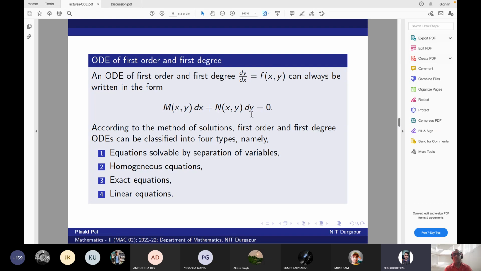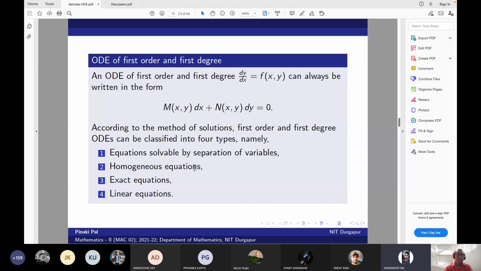And depending on the method of solutions, first order and first degree ordinary differential equations can be divided into 4 types. So equations solvable by separation of variables. That means we can isolate the x dependent terms as well as y dependent terms from the given differential equation, and in that case simply we will integrate the system and we'll get the result, provided the functions are nice, so that elementary integration is possible.